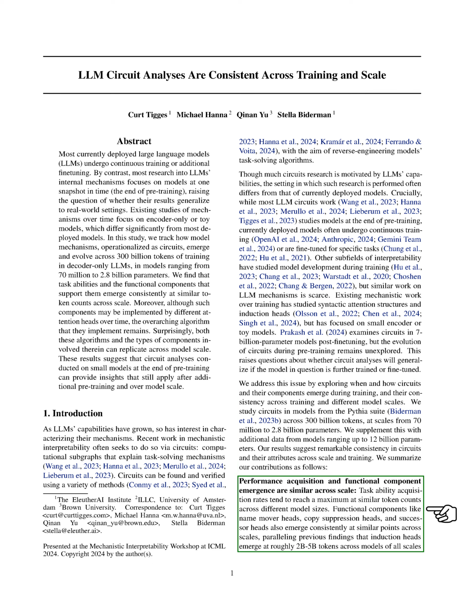We observed that the acquisition of task-solving abilities and the emergence of functional components occur at similar points across different model sizes. For instance, components like name mover heads and copy suppression heads consistently emerge at comparable stages across different scales. This aligns with previous findings that induction heads typically emerge around 2 billion to 5 billion tokens across models of all sizes.